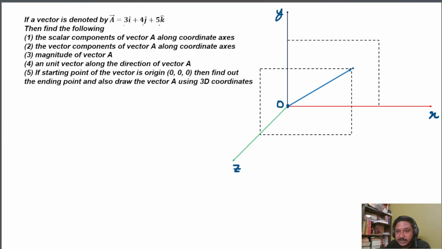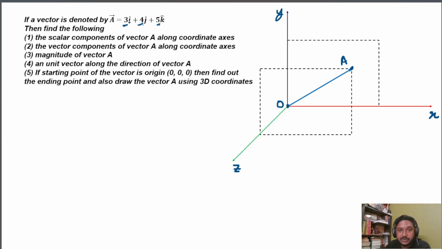Let us mark the end point as capital A. The origin's coordinate is always 0, 0, 0. What will be the end point? We will get that from here. As you can see, with i cap we have the scalar component 3, with j cap the scalar component is 4, and with k cap the scalar component is 5.